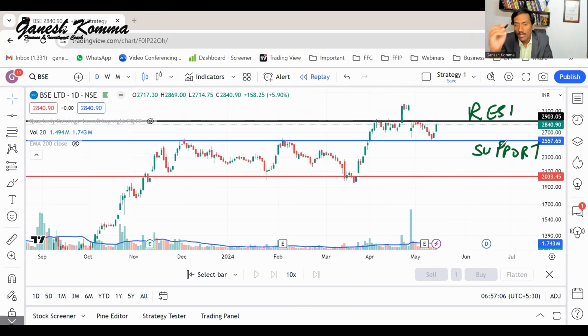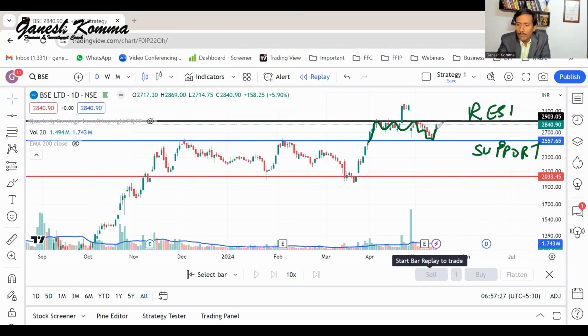I want you to understand this. Before April, whatever level 2557 was your resistance, now it has turned into a support level, because it has again found support here.